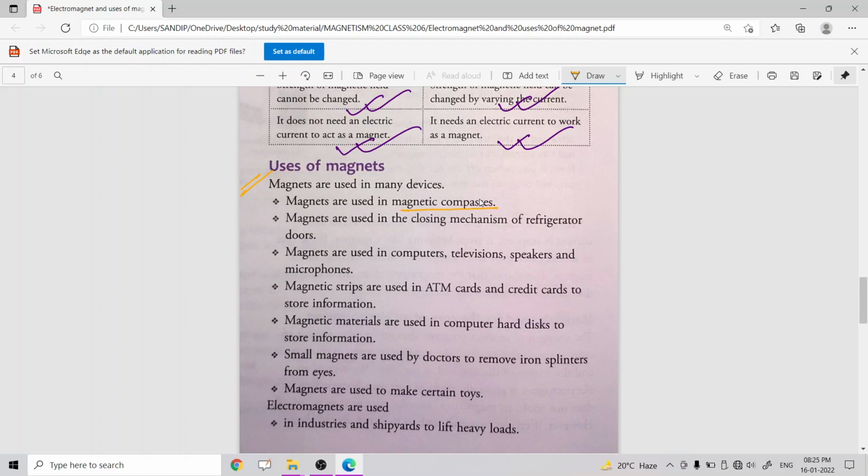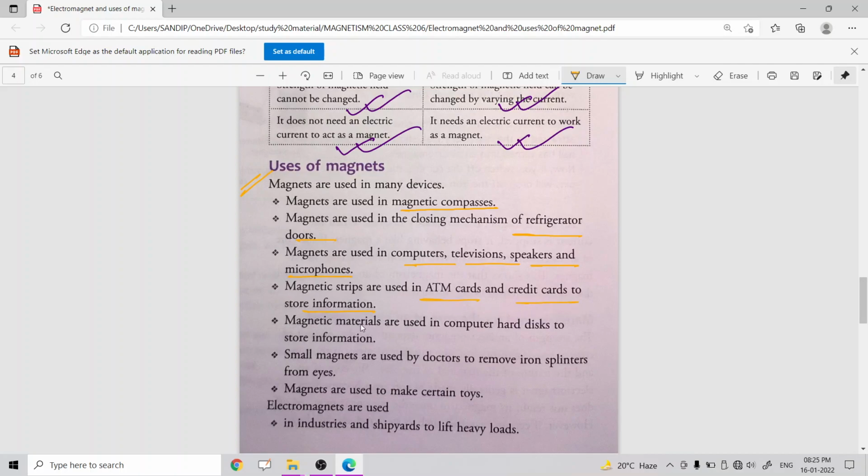Sometimes magnets are used in refrigerator doors as a closing mechanism. And magnets are also used in computers, televisions, speakers, microphones, ATM cards, and credit cards.